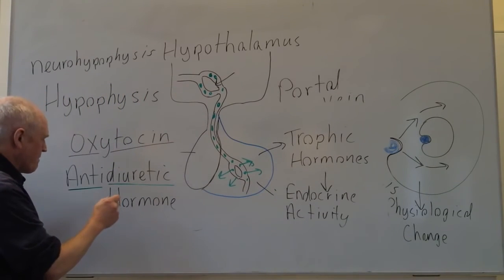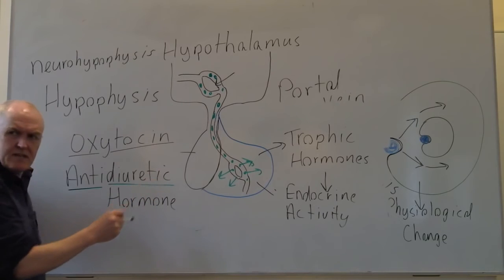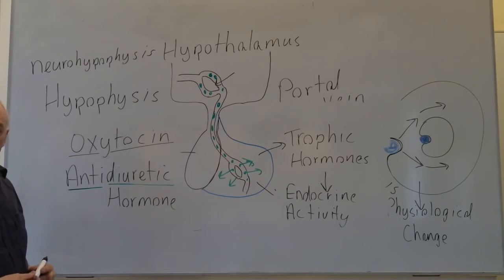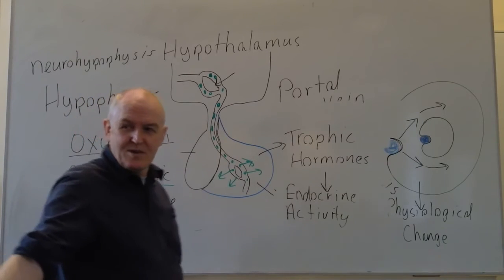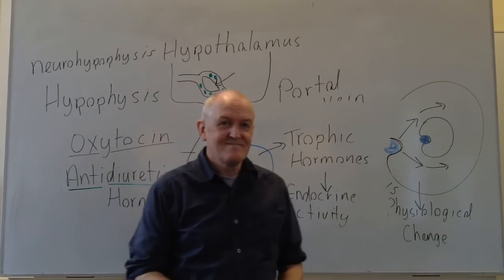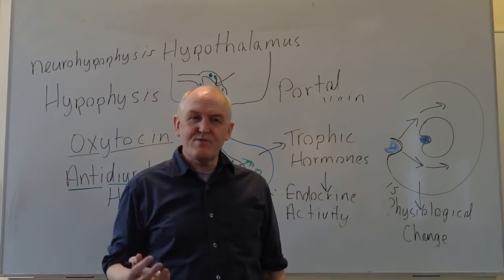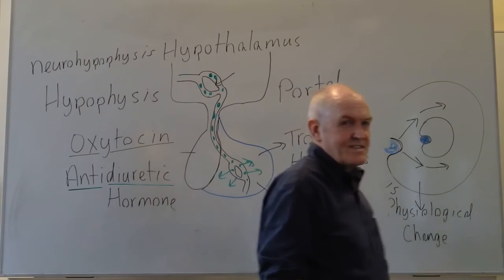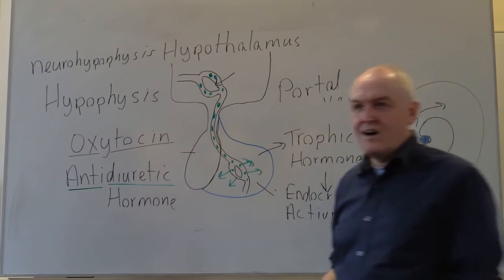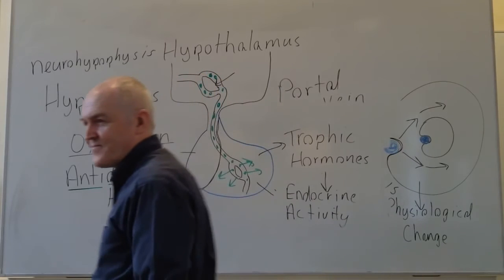What's a diuretic? No. What do you do when you get to the toilet? Yeah. A diuretic increases urine volumes, doesn't it? Diuresis means an abnormally large volume of urine.